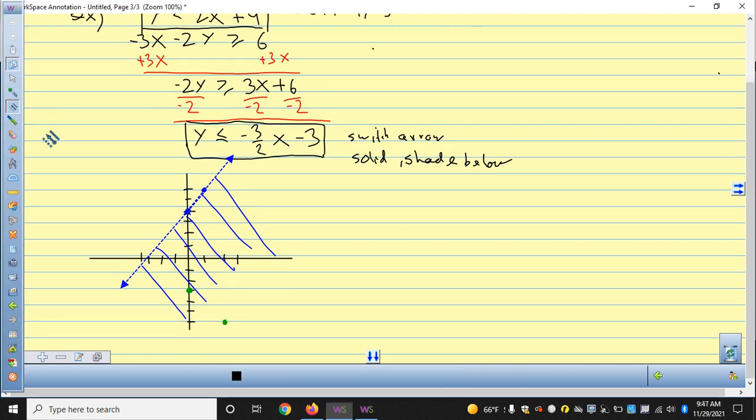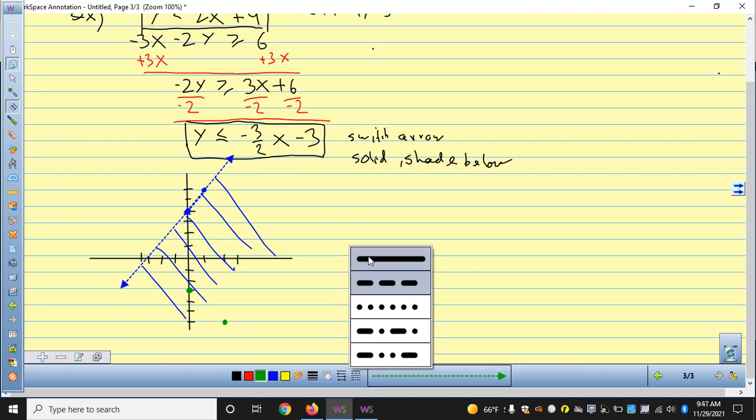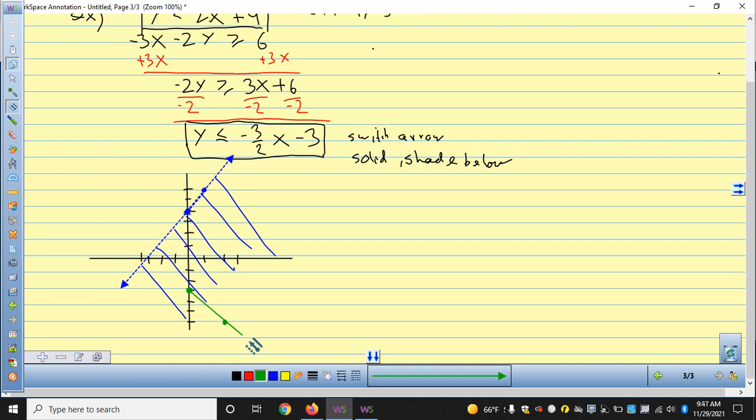And we'll graph that line solid. Solid, there we go. And we're shading below again. So start here, I go down.